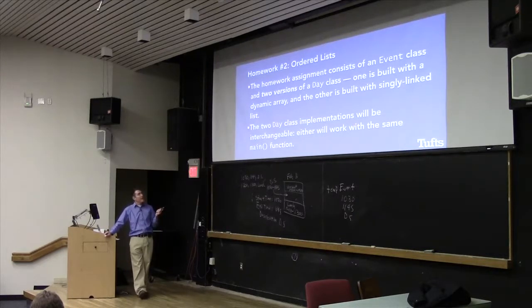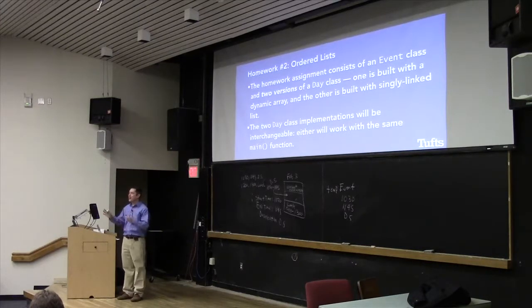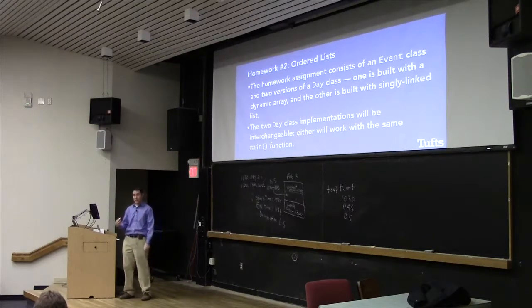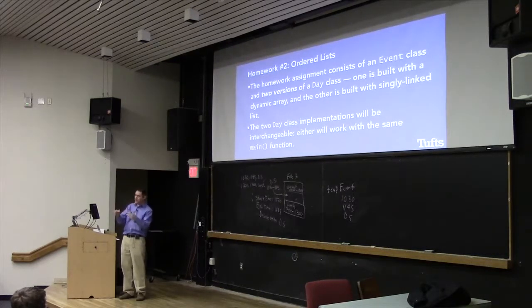Okay? And both day implementations will be completely interchangeable from the perspective of the main function and from the perspective of using the event. In other words, you don't need to change the event at all, and you don't need to change your main function at all in order to use either the linked list version of day or the dynamic array version of day.